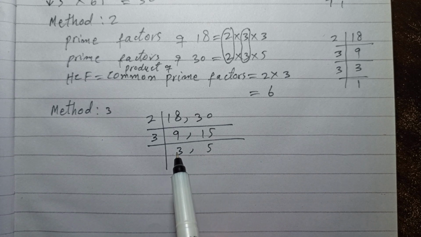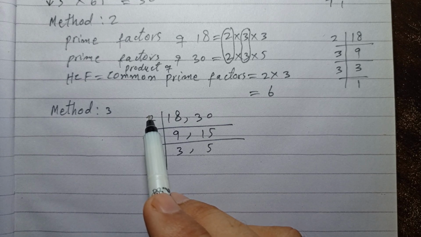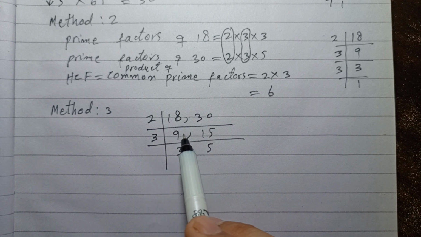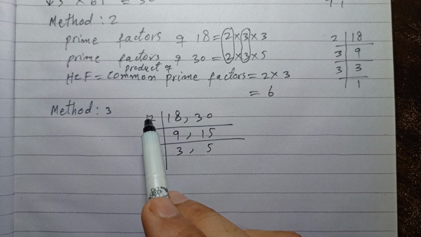You will not move further, and you will take these prime numbers which have divided 18 and 30, and then 9 and 15. Their product will be the HCF.